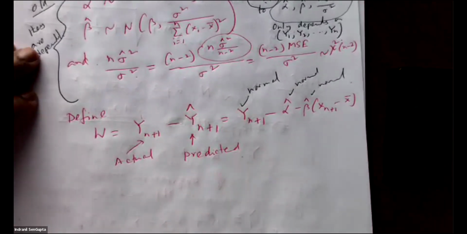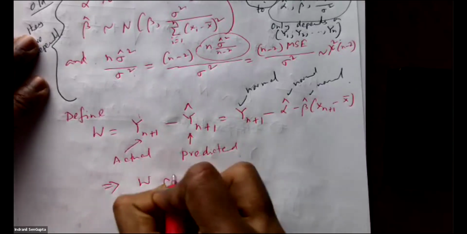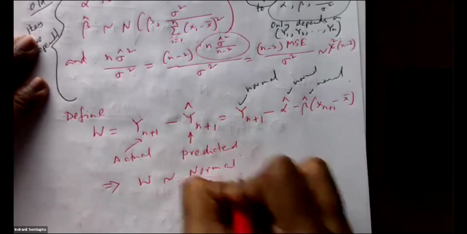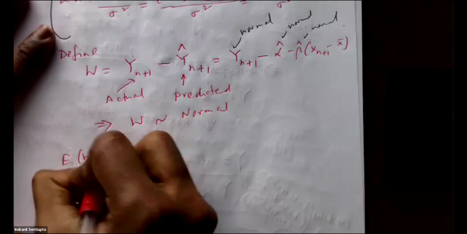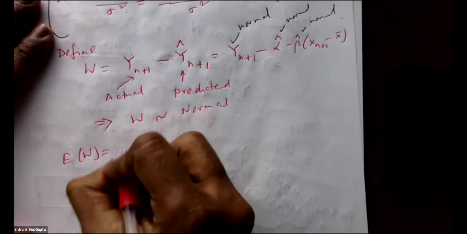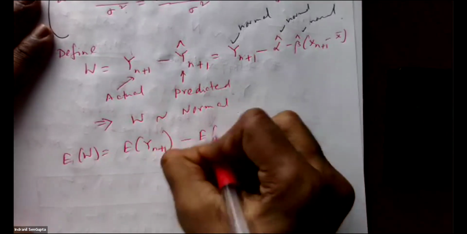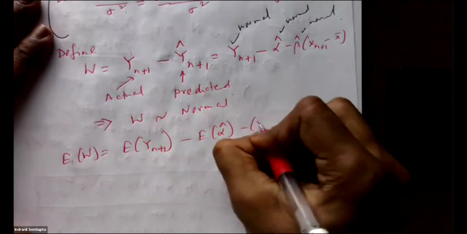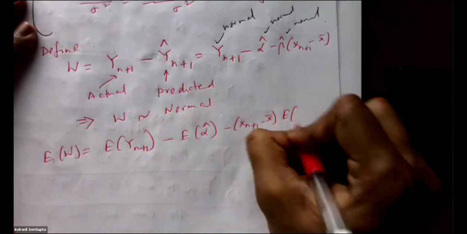All right. So that means this follows some normal distribution. What is the expected value? E of W would be E of y of n plus 1 minus E of alpha hat minus xn plus 1 minus x bar E of beta hat.